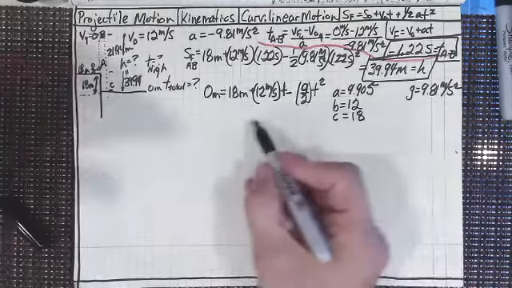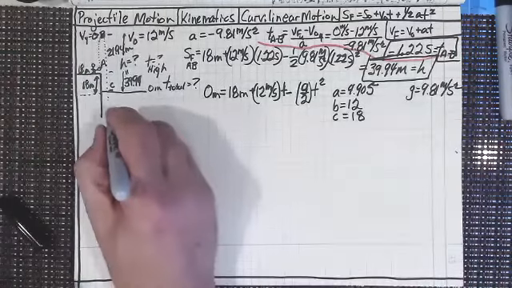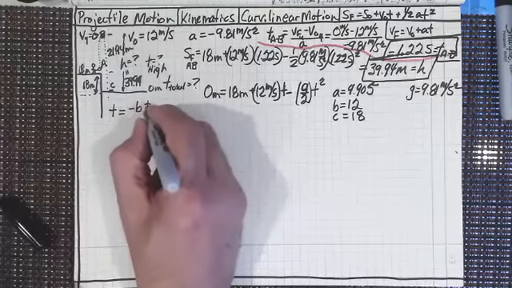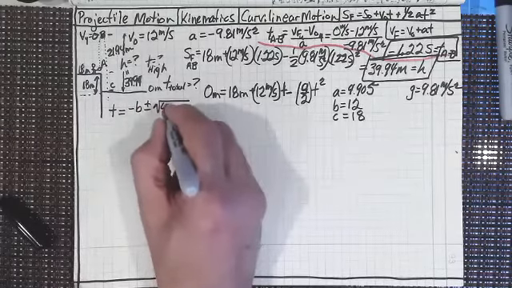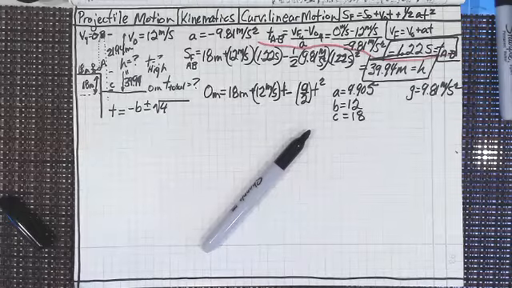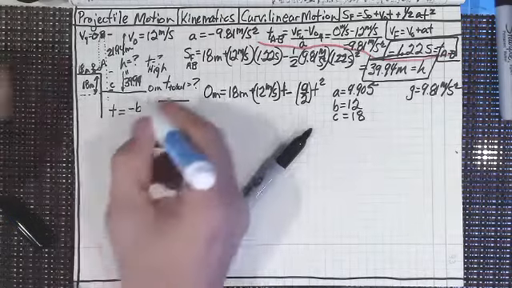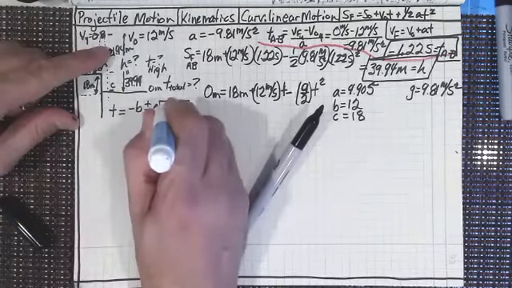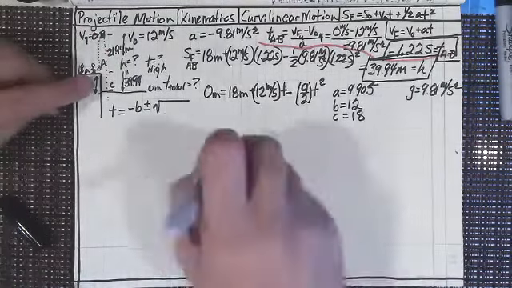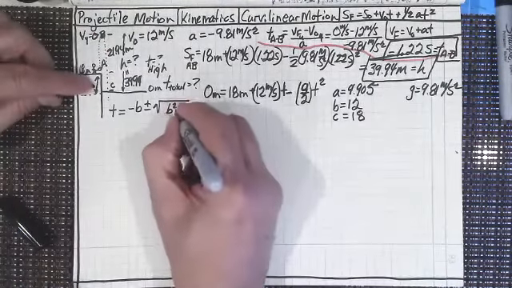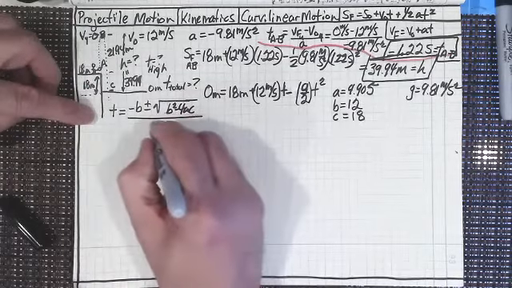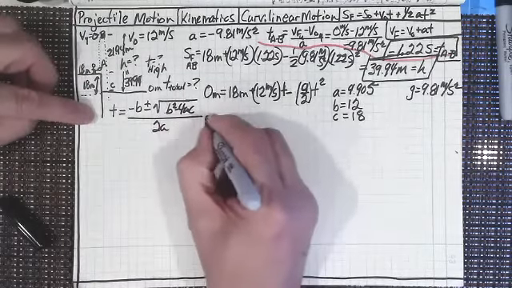So let's actually solve for this quadratic. So t is going to be minus B plus or minus the square root of, getting ahead of myself, of B squared minus 4AC, sorry, B squared minus 4AC, all divided by 2A, right? So let's just do this.